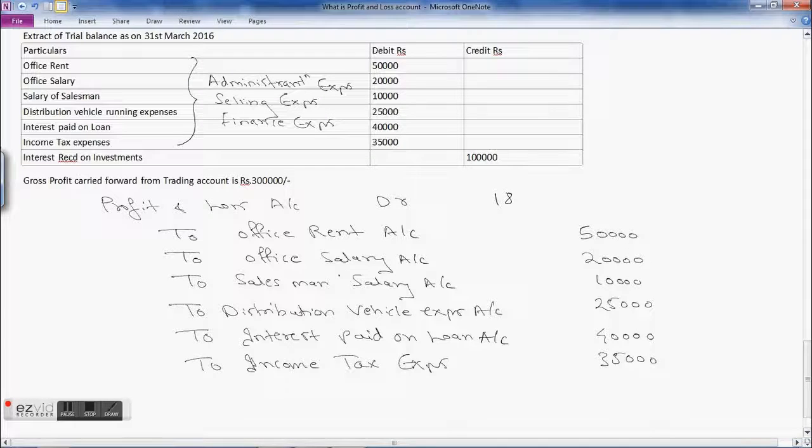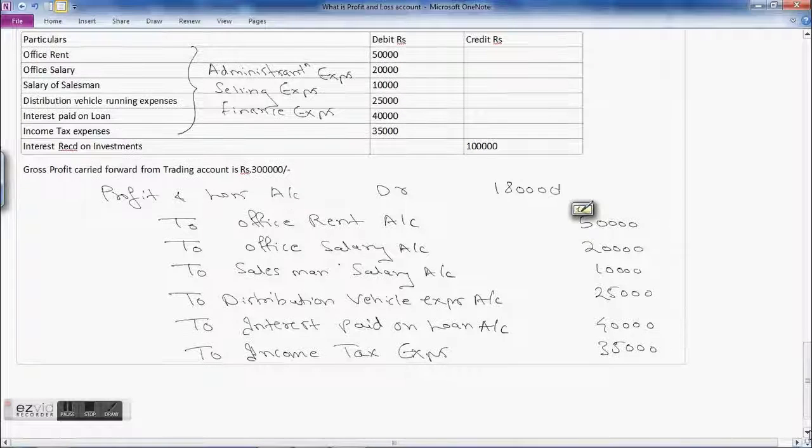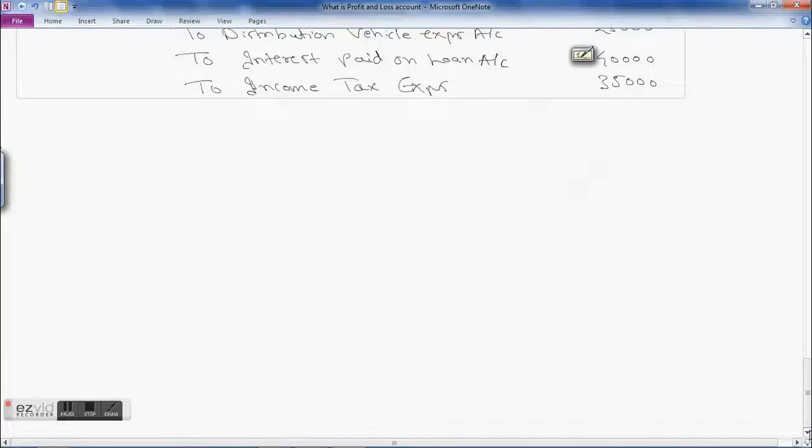So the total of all this comes to 1,80,000. Now that is debited to your profit and loss account. Then interest received on investment, that is an indirect income. Now this is showing a credit balance of 1 lakh. This needs to be transferred to profit and loss account.